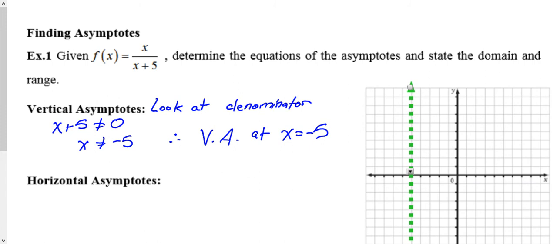Switching over to our horizontal asymptote, I go through the 3 scenarios I just learned above. What do you have here in terms of degrees? Do you have same, big over small, or small over big? In this case, you have same: x and x, both with coefficients of 1 and 1.